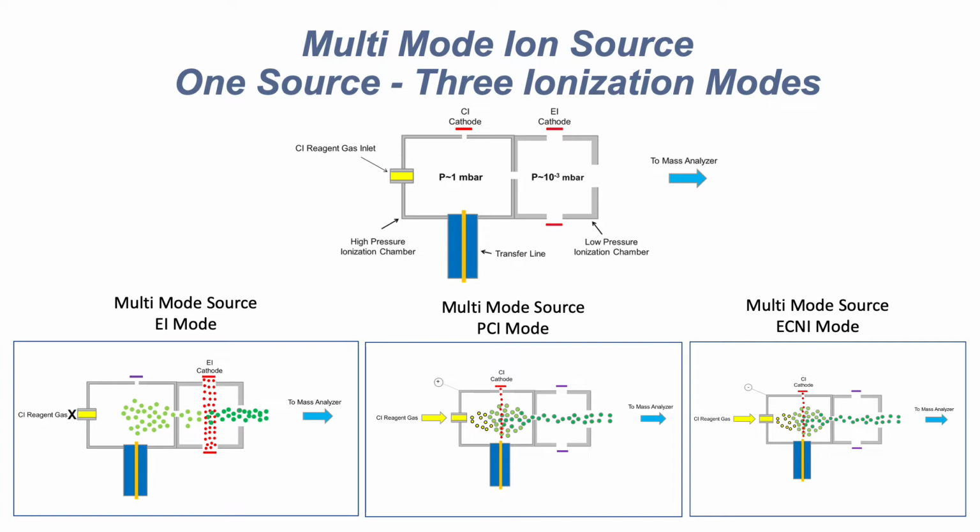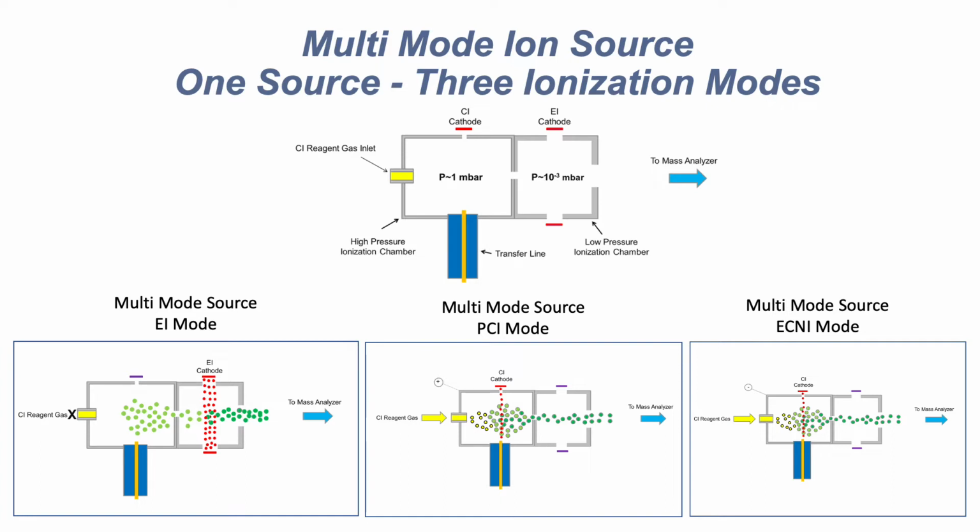And usually when you use electron ionization, the orifice for chemical ionization reagent gas at the left is closed, and the compounds are coming from the chromatography column through the transfer line, and ionization takes place in the right part of the ion source, and you get normal electron ionization mass spectra.